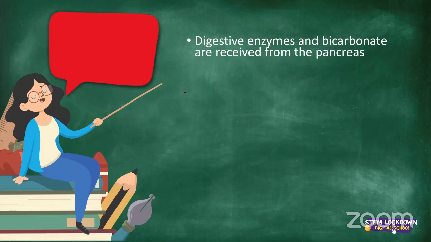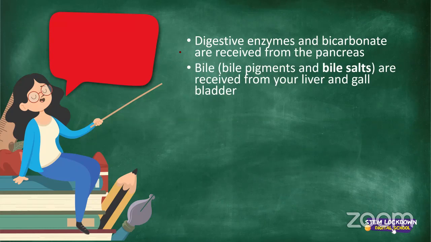Moving right along. Digestive enzymes and bicarbonates are received from the pancreas. So that pancreatic duct brings in digestive enzymes and bicarbonates, all right? And then bile, which is your bile pigments and your bile salts, is received from the liver and the gallbladder.